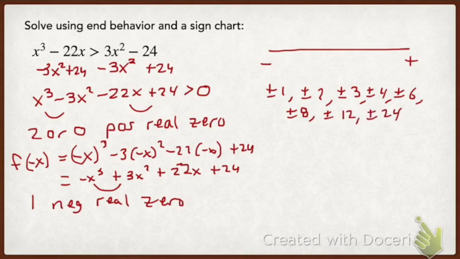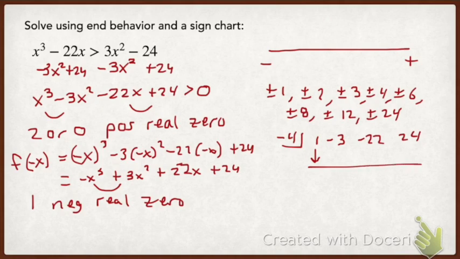And we look for one that we think would work. Again, I'm going to use somewhere in the middle, so I'm either going to use 4 or 6. And I'll use a negative because we know we have a negative solution. So let's use negative 4.